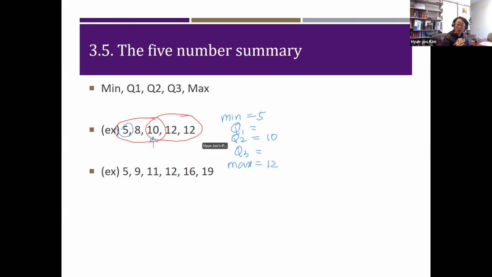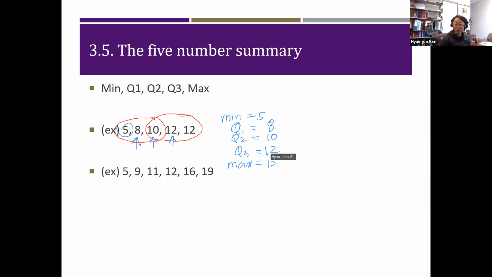Then you are dividing your data set into 2 groups. In the first group, what's the middle value? This 8 is the middle value in the first group, so that will be Q1. And in the second set, the middle value is 12. So your Q3 will be 12.